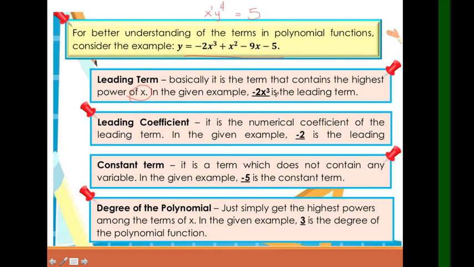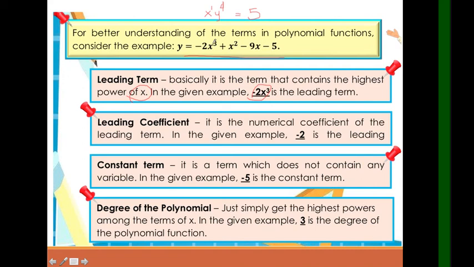In the given example, we have negative 2x cubed as the leading term kasi siya yung may pinakamataas na exponent or degree. Okay, ang exponent, pwede rin siyang tawagin na degree, pero yung degree, pwedeng ipag-add yung exponent ng dalawang variables, no?